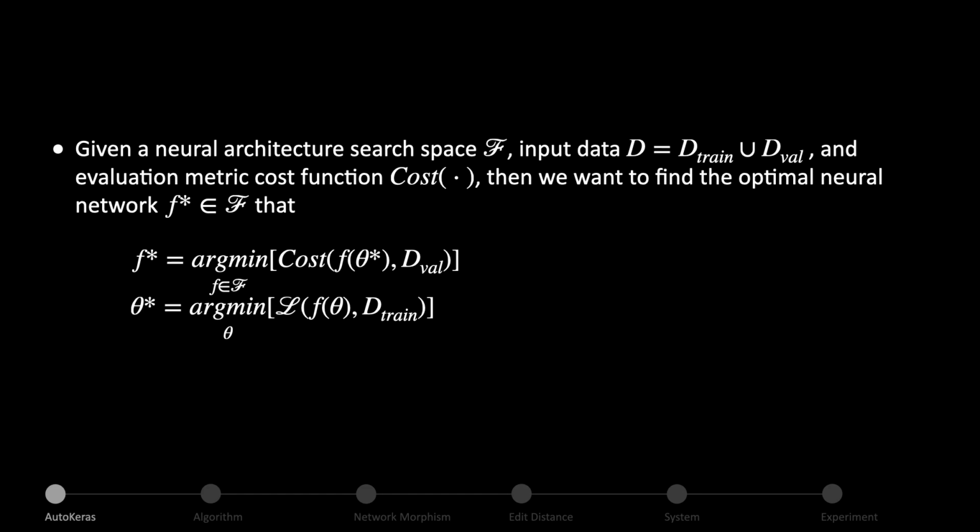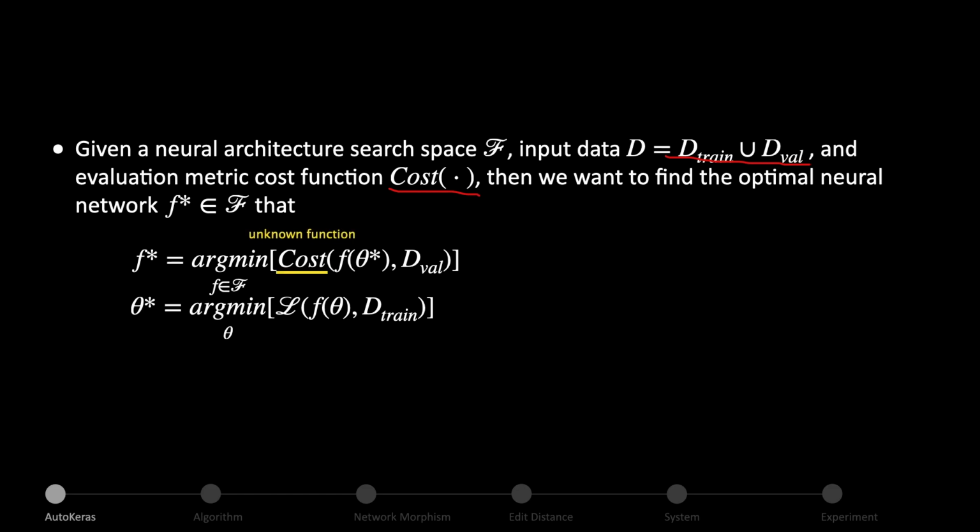We first reframe the NAS problem into a Bayesian optimization problem. Given a neural architecture search space F, the input data D is a union of D train and D validation, and the evaluation metric is a cost function. Then we want to find the optimal neural network F star, the network F that minimizes the cost on our validation data.